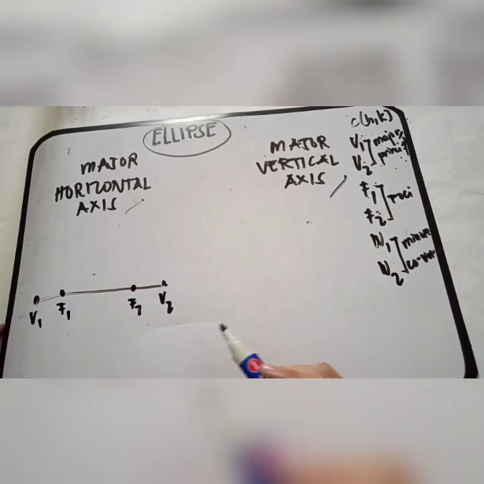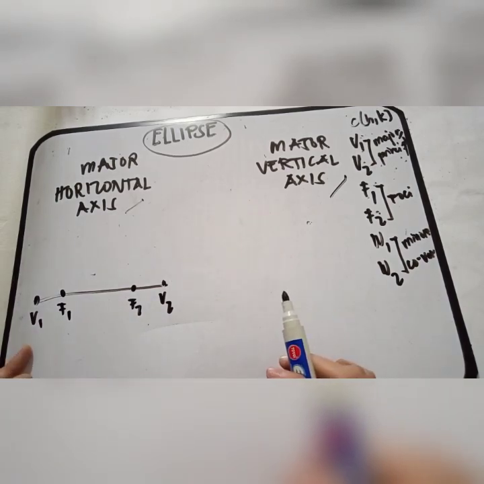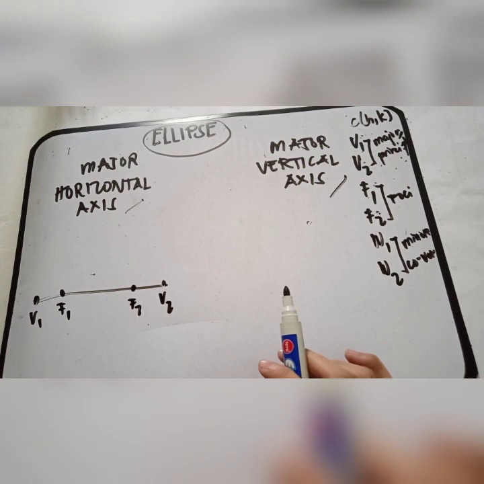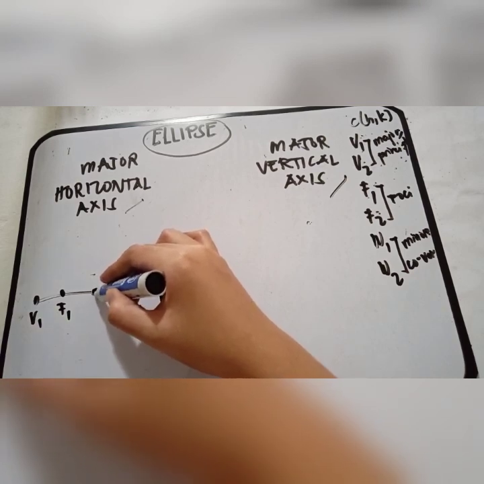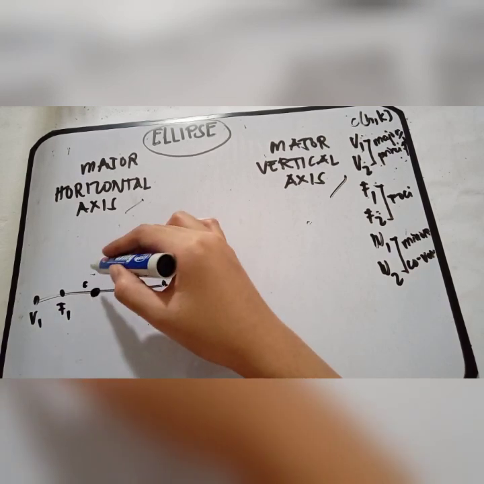Okay, always remember that the focus, the vertices and then the foci are always collinear. The focus and then the vertices are always collinear to the center. For example, here's your center.